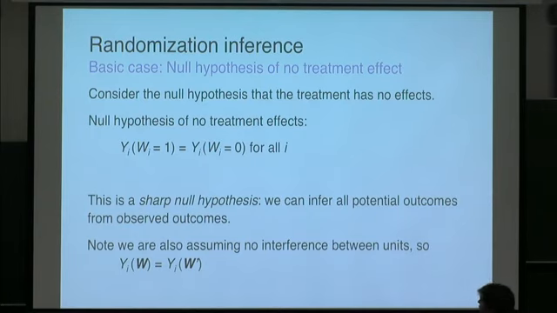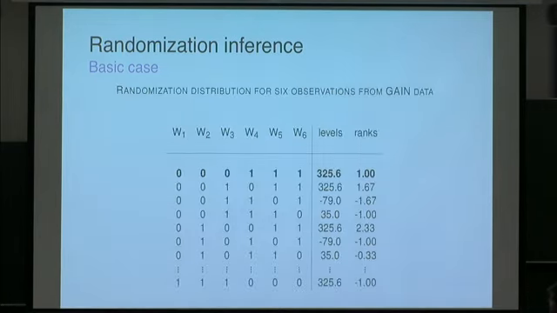So then the way we can go about doing randomization inference here is we can imagine all the possible treatment assignment vectors for these 6 units. So this is the treatment of unit 1, treatment of unit 2, under a bunch of different possible treatments. In fact, all of the possible treatments. And for each one, we can compute something like our test statistic, like the difference between treatment and control in their average outcome, for example, or some difference in ranks, for example, right?